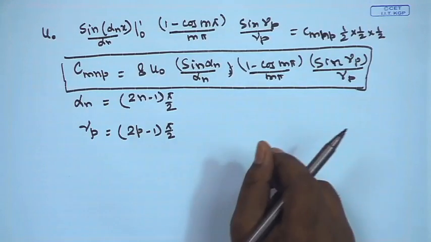So, depending on the type of boundary conditions that are prevailing in the governing equation, one may land into sine functions or cosine functions as the eigenfunctions, and various types of eigenvalues that we have come across. If Dirichlet boundary conditions are prevailing on both the boundaries, then the eigenvalues will be n pi.